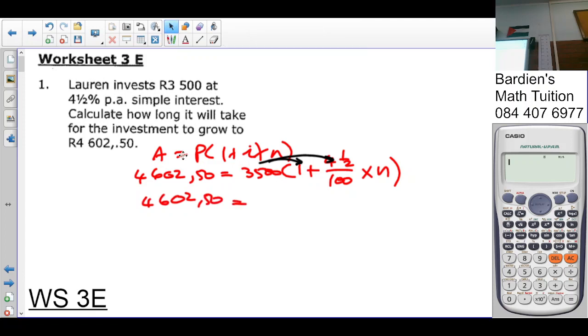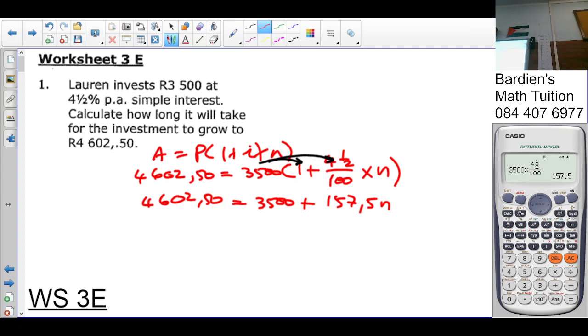It doesn't make it wrong if you multiply it. So 3,500 times 1 is 3,500 plus 3,500 multiplied by 4.5 over 100, not so?